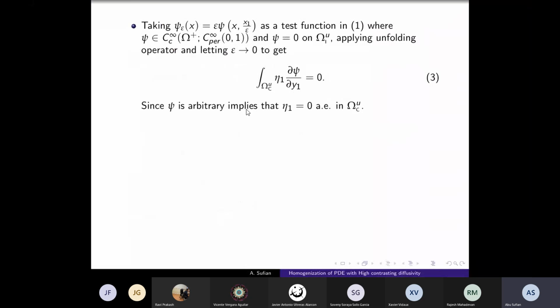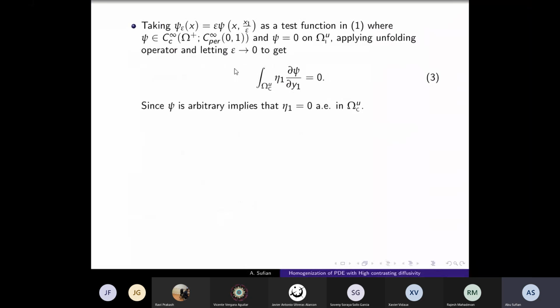In order to find eta 1, we will use an oscillating test function. So just take psi epsilon(x) equal to epsilon psi(x, x1 by epsilon) as a test function in 1, where psi belongs to C infinity of omega plus, periodic in y1, and psi is 0 on omega iu, that is, the unfolded domain corresponding to the insulating part.